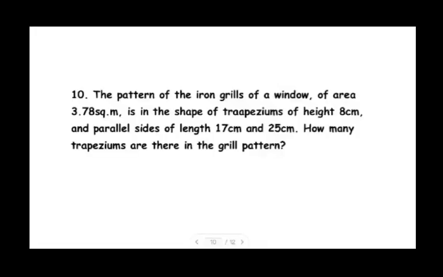The pattern of the iron grills of a window of area 3.78 square meters is in the shape of trapeziums of height 8 cm and parallel sides of length 17 cm and 25 cm. How many trapeziums are there in the grill? So children, there is a grill, and the design of the grill is in the form of trapezium, something like that.